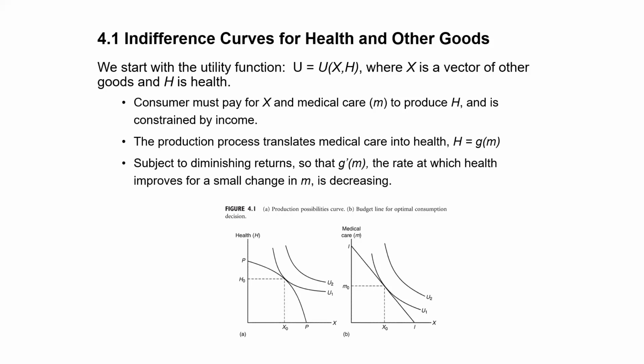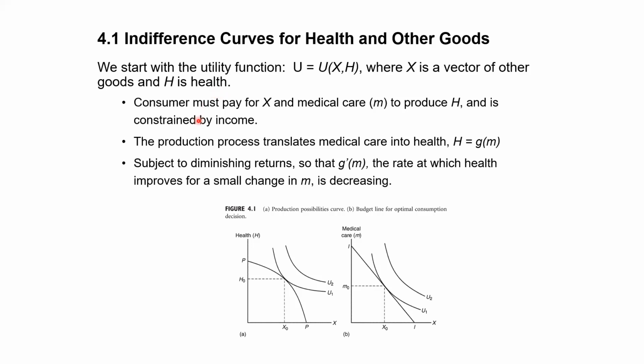Our utility is determined by your consumption of X goods, where X is a vector or collection of other goods, and H is your health, considered as a good by itself.